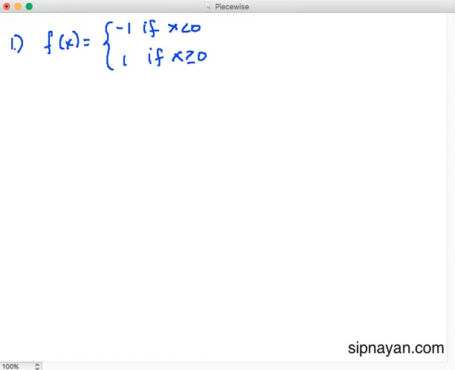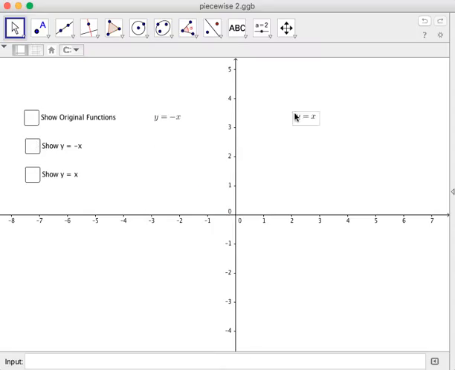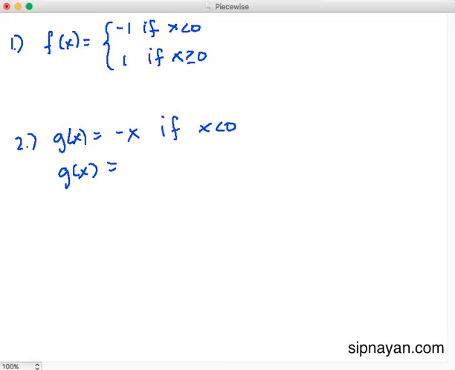We have g of x equals negative x if x is less than 0. Pag greater than or equal to 0 naman, y equals x. So, g of x equals x if x is greater than or equal to 0.